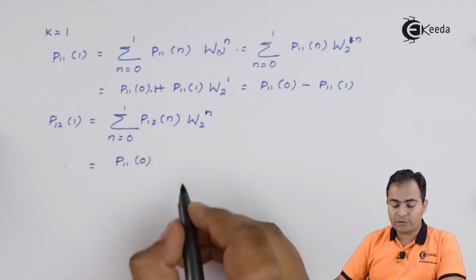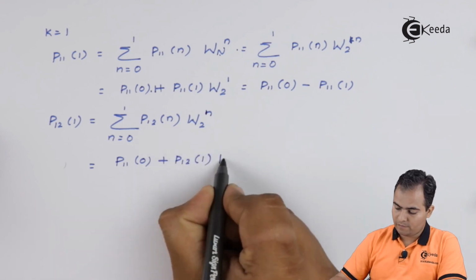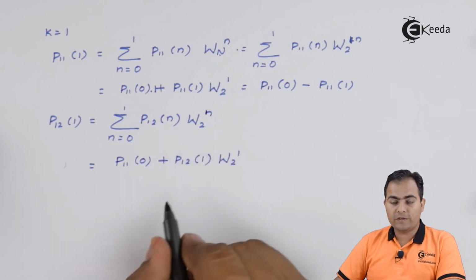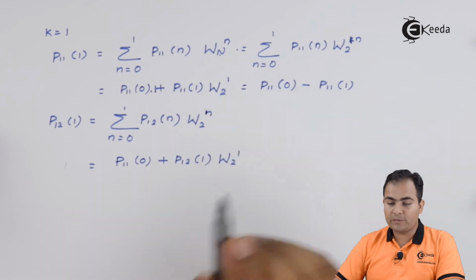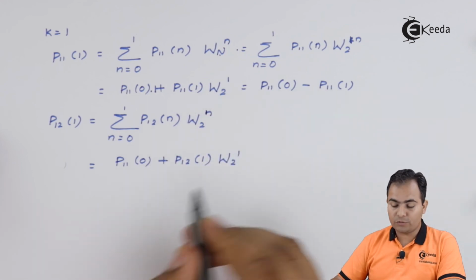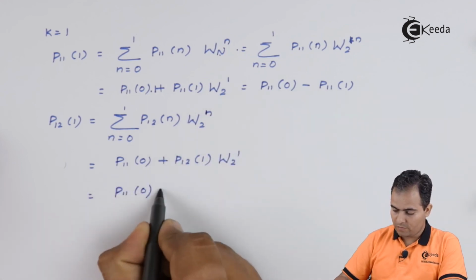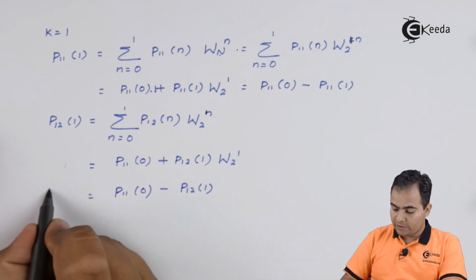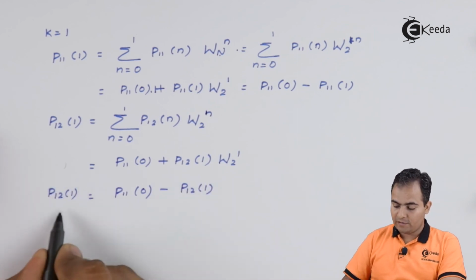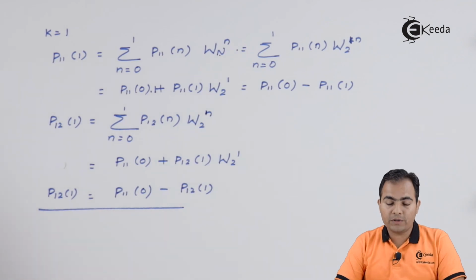Then I'll substitute n equals to 1. Now omega 2 of 1, as I said, omega 2 of 1 value is -1, so this sign is changed to minus sign, and from this you will get the idea of first 4 samples.